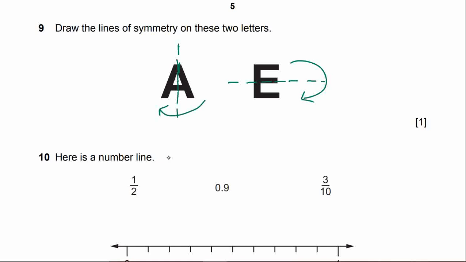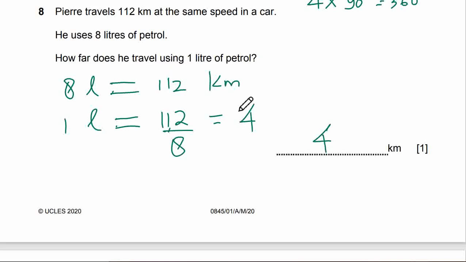Sorry, there's a correction. For this one it is not 4 but 14. It was a careless mistake. So 8 times 1 is 8.